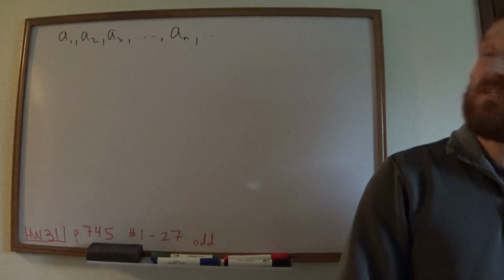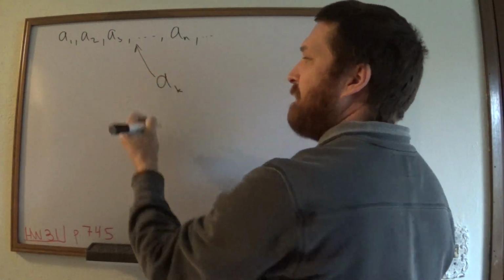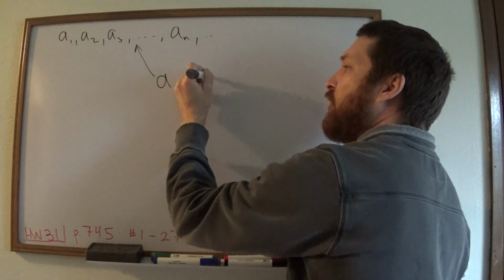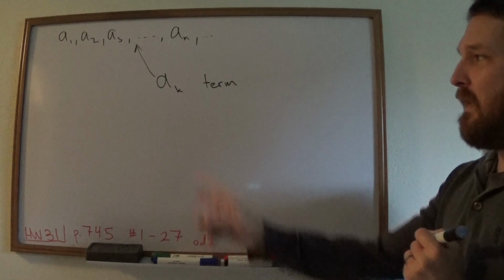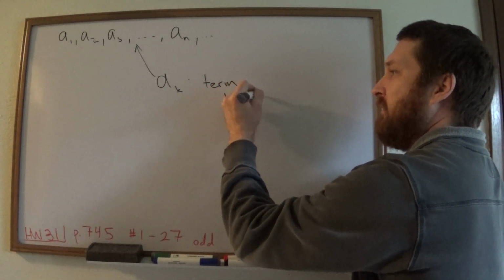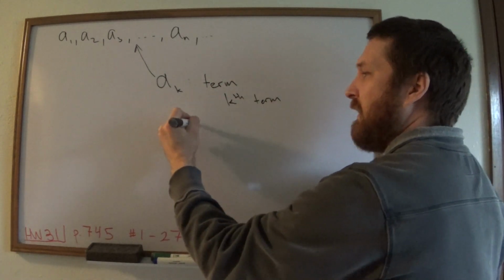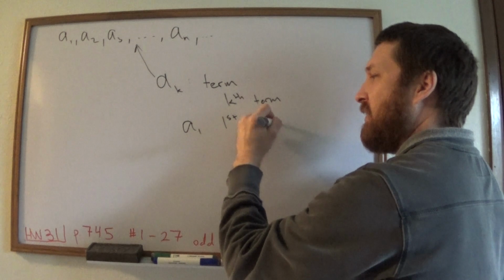Okay, each one of these things, and we'll just say A sub k, is called a term of the sequence. And the one with subscript k is in particular called the kth term, right? A sub 1 is the first term.